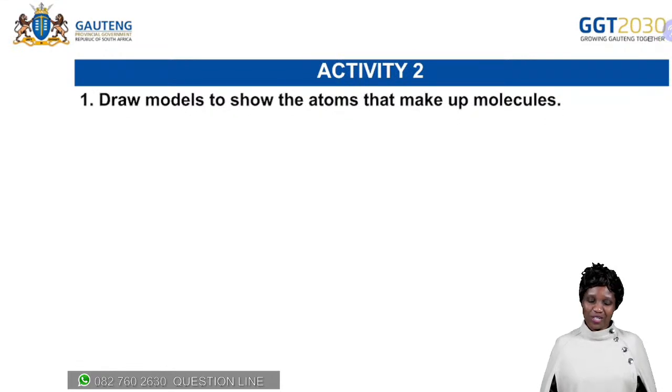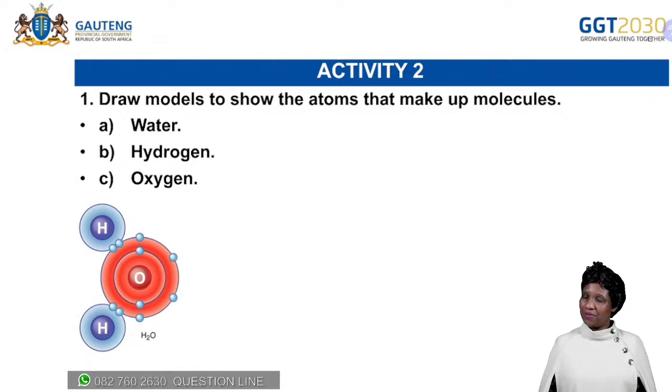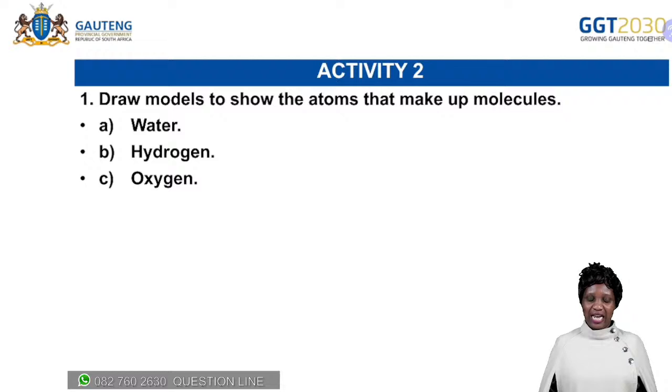And then we've got activity number 2. What are we going to do in our activity number 2? We are going to write it quickly. I'll just give you 2 minutes to write this one. It says draw models to show the atoms that make up molecules. We've got A, water molecule, B, hydrogen, C, oxygen.